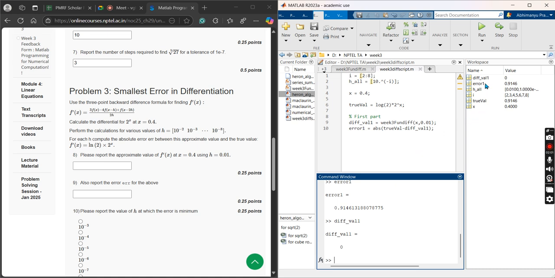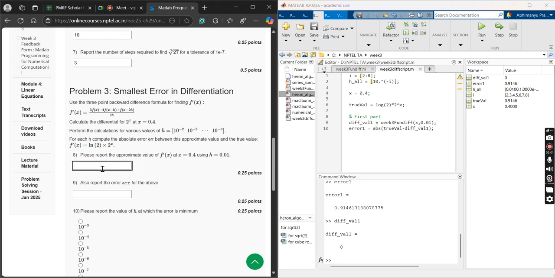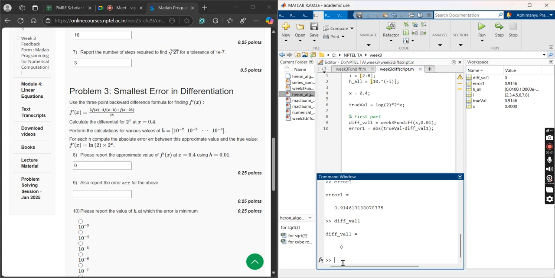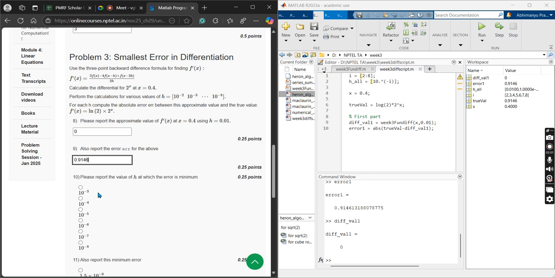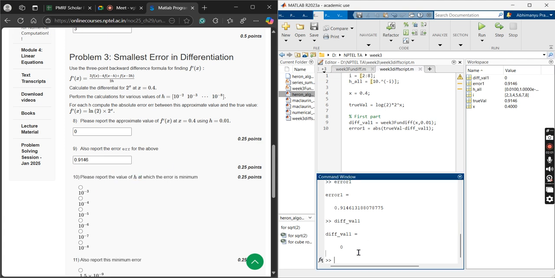So the function gives me a diffval value of 0. And my true value is 0.9146. So my error would be 0.9146. Then I will report this.